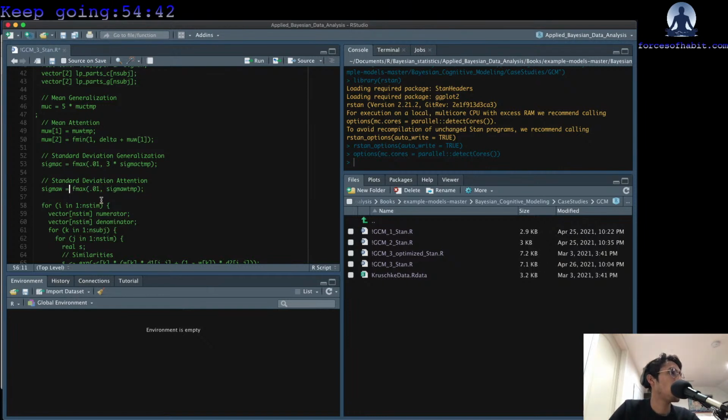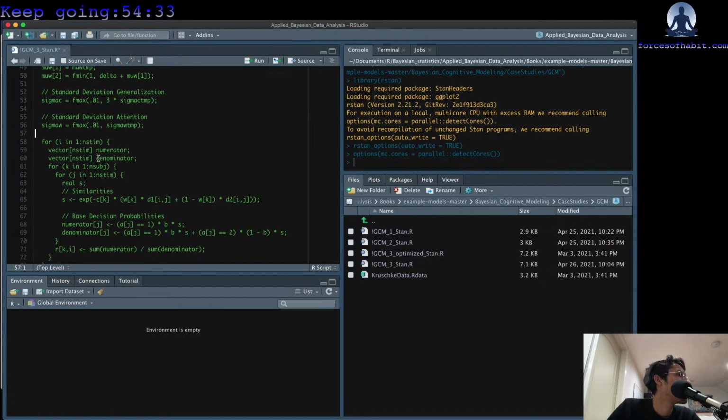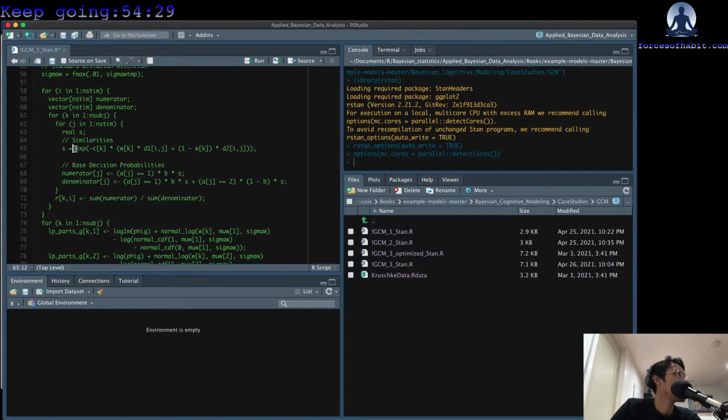I'm curious, when do we use fmin and fmax? Which just stand for getting the minimum and the maximum. And calculate similarity.